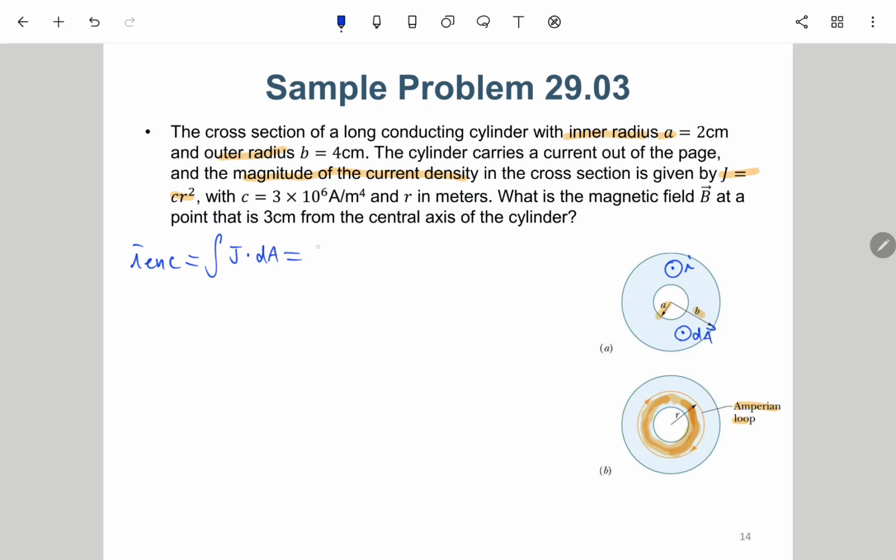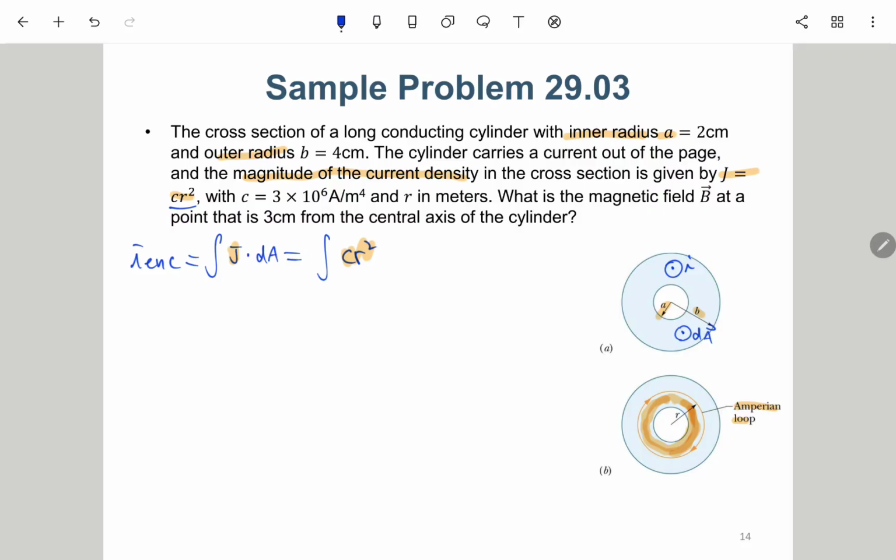So here we have J, which is actually C R square. You can already expect we will use the polar coordinate.